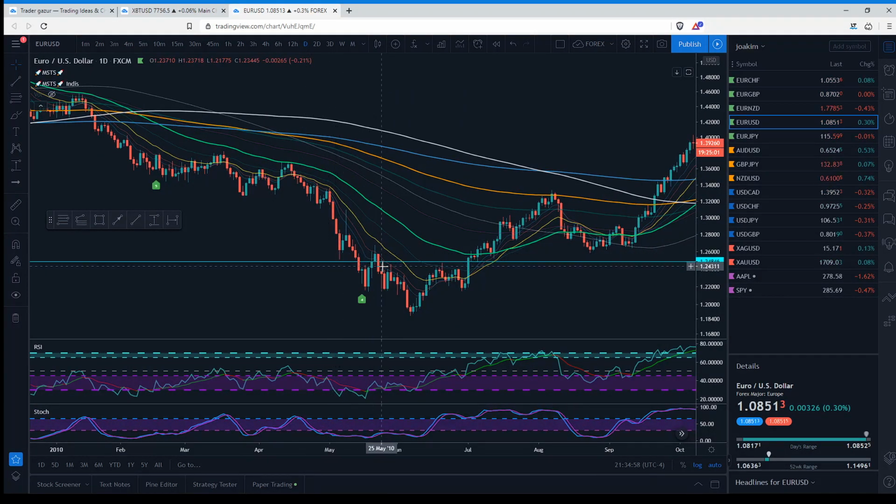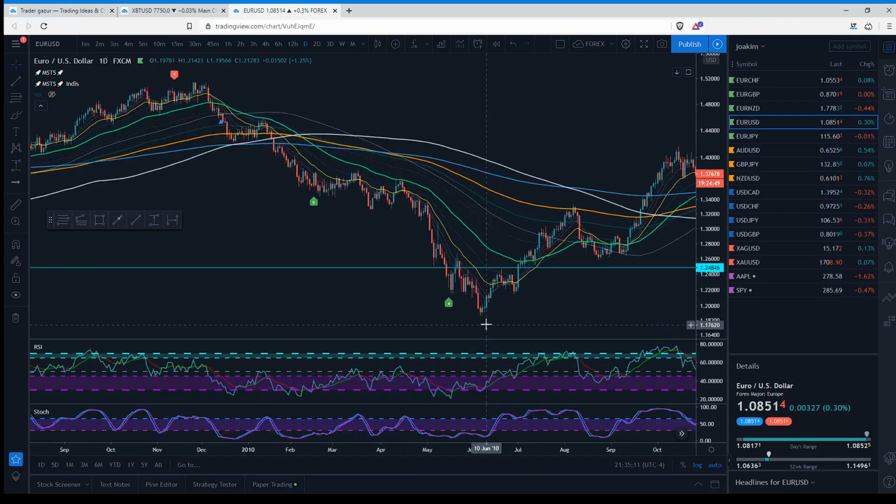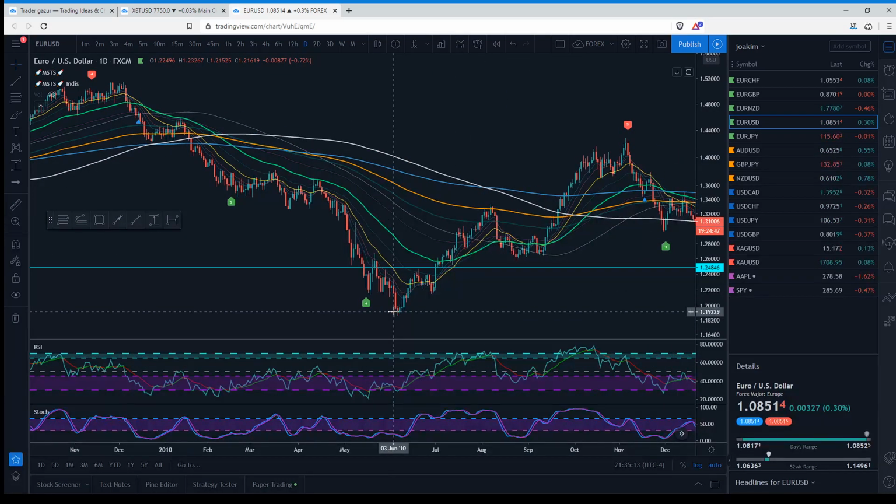What else? A 4. Did it show? No. This is basically saying we're going for a reversal. Yeah, and we have nice divergence.